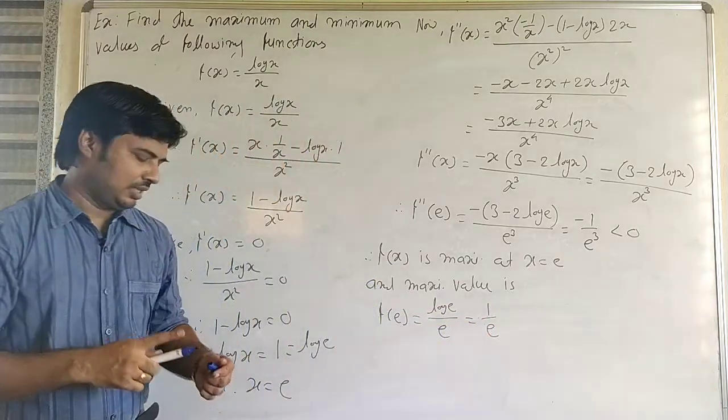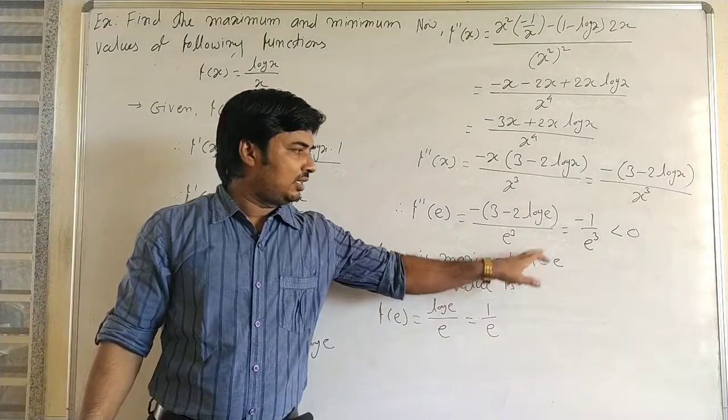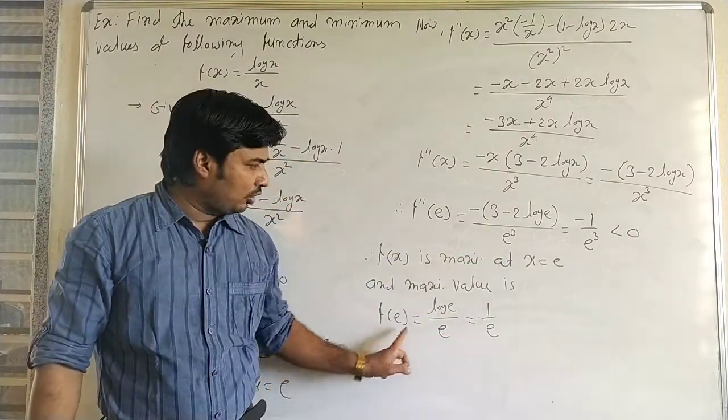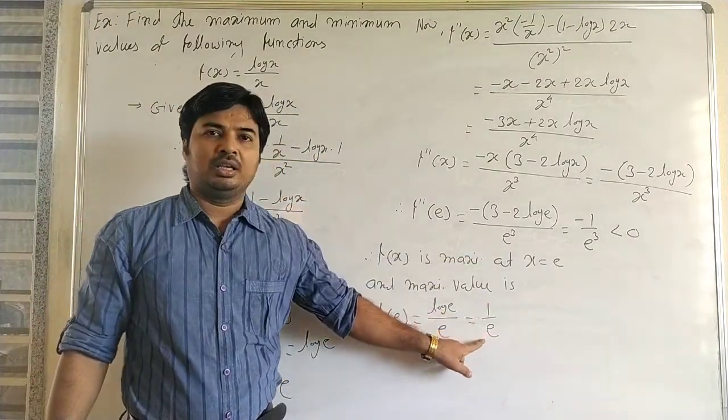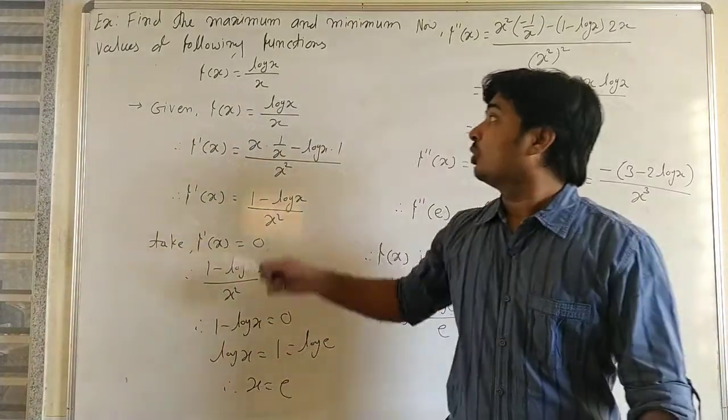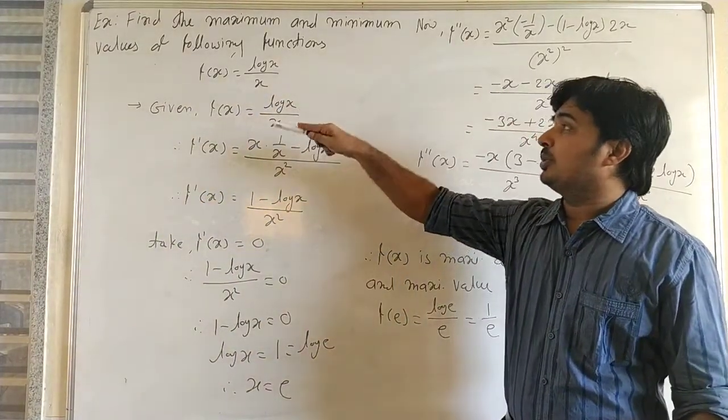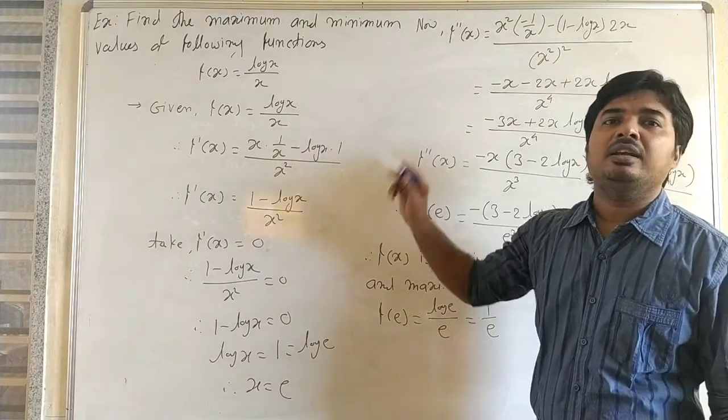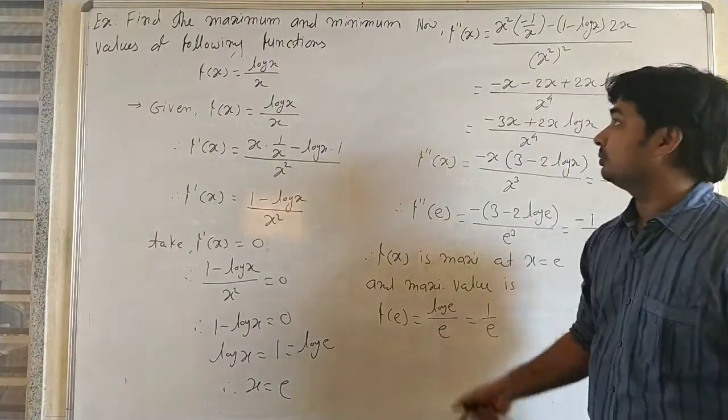Okay. Here f of x is maximum at x is equal to e and the maximum value of f of e is 1 by e. That means the maximum value of the function f of x is 1 by e at x is equal to e. Okay.